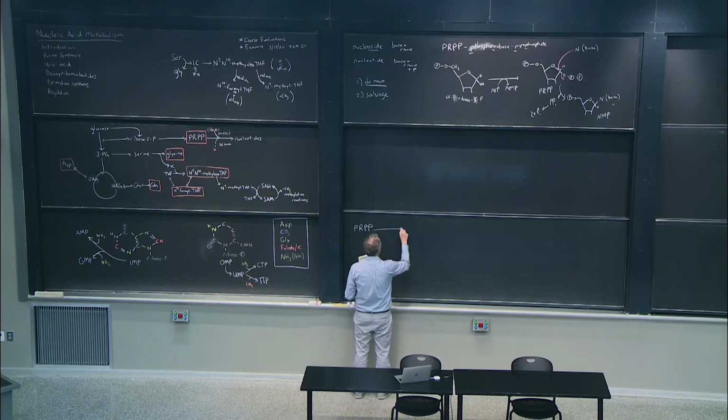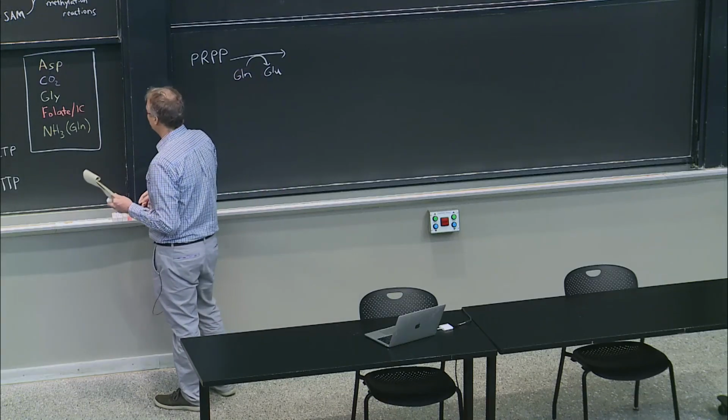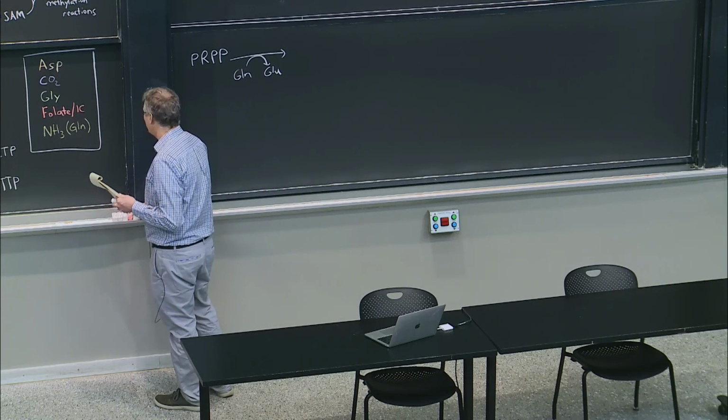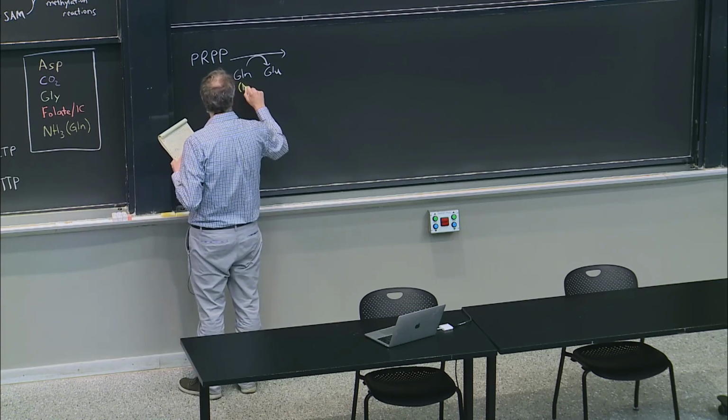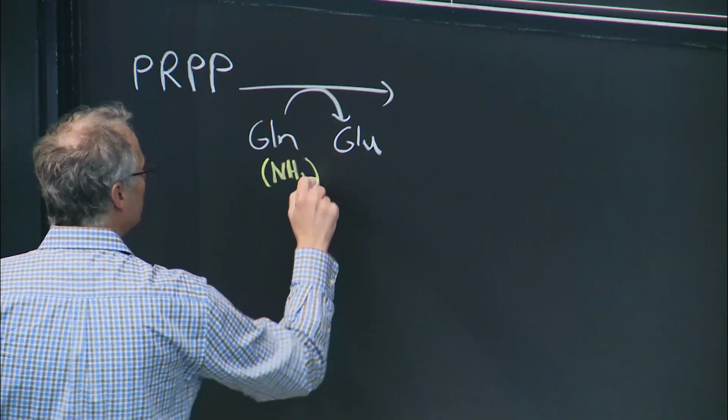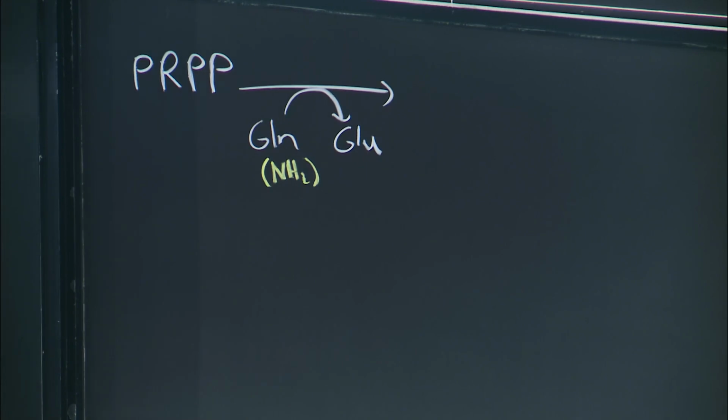And the first step is taking glutamine and converting it to glutamate. So what is that transferring? That's transferring a nitrogen. Okay, remember the difference between glutamine and glutamate. You can pick that up with glutamine synthase.